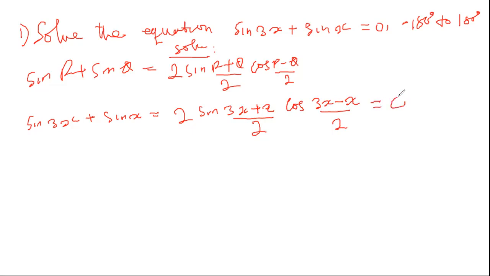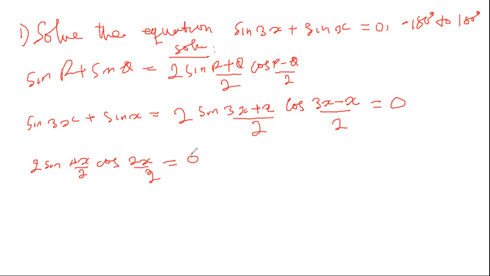But remember, the whole equation is equal to 0. Is that okay? Yes. So that is going to give us 2 sine of 4x divided by 2, cos of 2x divided by 2, and this is equal to 0.